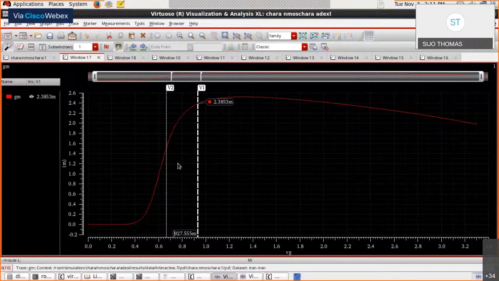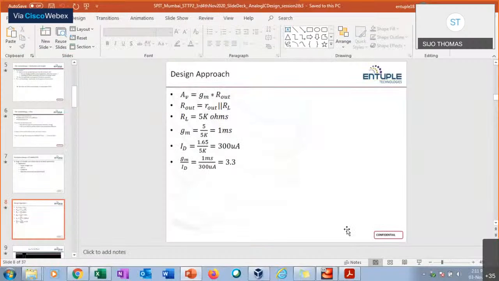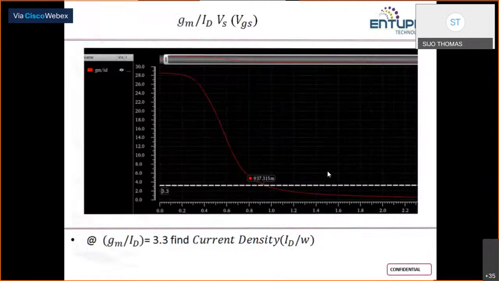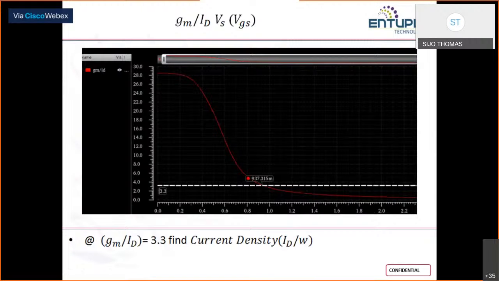Coming back to the slide, Naveen, next slide. So this is the gm/ID curve. For gm/ID of 3.3, we already noted the VGS value. For that VGS value, if you look at the gm curve, we noted that it is in strong inversion.